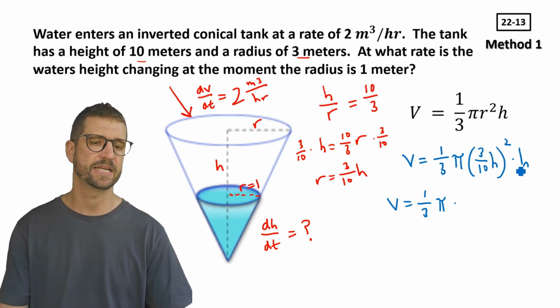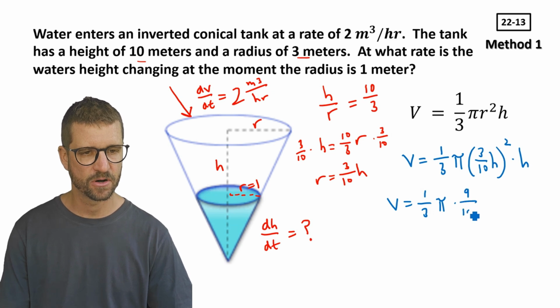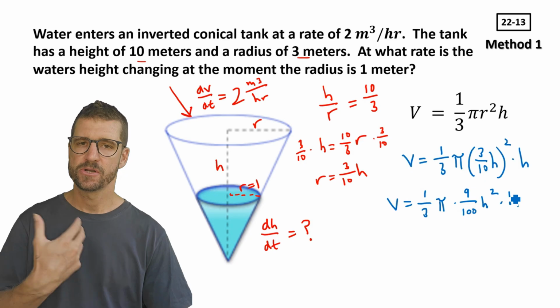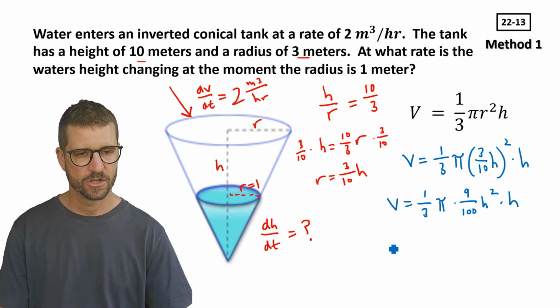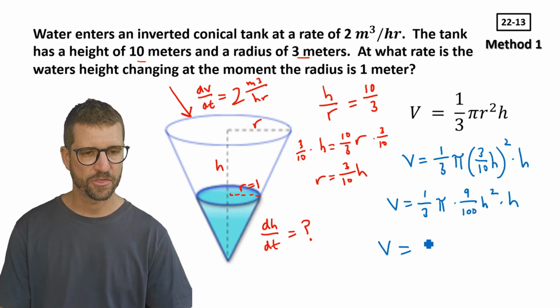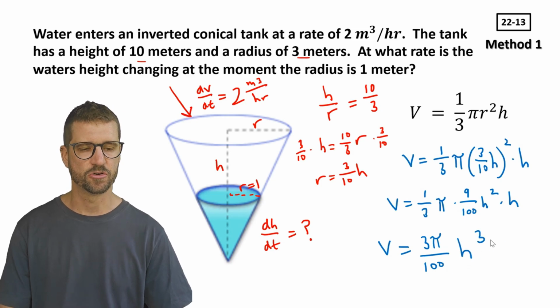So 3/10 h times 3/10 h, which is going to be 9/100 h squared times h. So now we can combine a little bit. The 3 and the 9 are going to cross out. So we'll get volume equals 3 pi over 100 times h cubed.